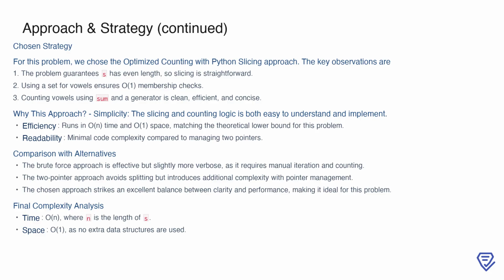The two-pointer method avoids splitting but adds complexity due to pointer management. By comparison, the chosen strategy provides a clear and elegant solution while maintaining the same O(n) time and O(1) space complexity. This makes it an ideal choice for solving the problem efficiently without sacrificing code clarity.